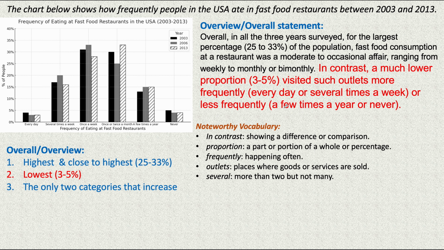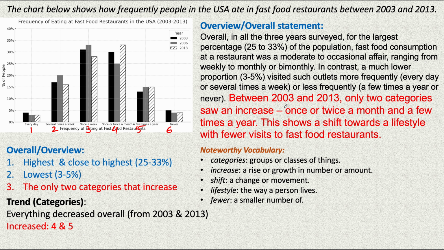In contrast, a much lower proportion, 3 to 5%, visited such outlets more frequently or less frequently. Between 2003 and 2013, only two categories saw an increase, once or twice a month and a few times a year. This shows a shift towards a lifestyle with fewer visits to fast food restaurants.